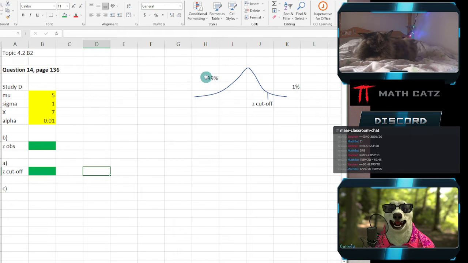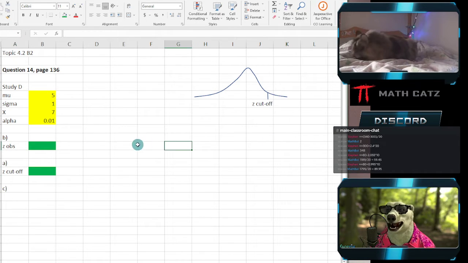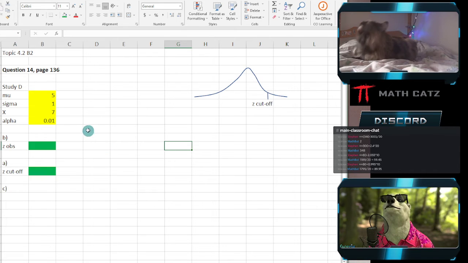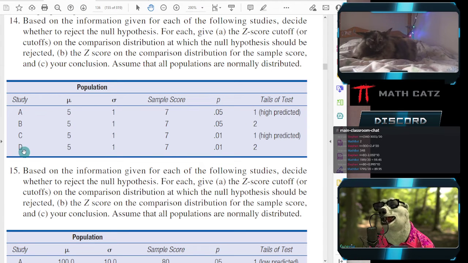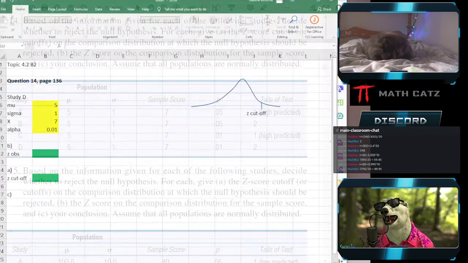We more or less have the same setup, so I just want to be a little bit more efficient by getting the same template that we'll fill in. But if we look at the question, study D, same mean, same standard deviation, same sample score. So that's good. Same alpha, but now we have a two-tailed test.